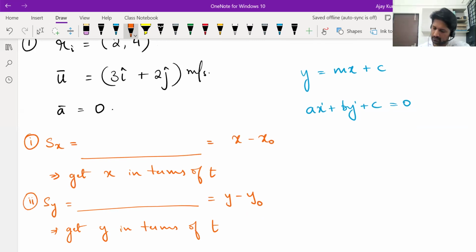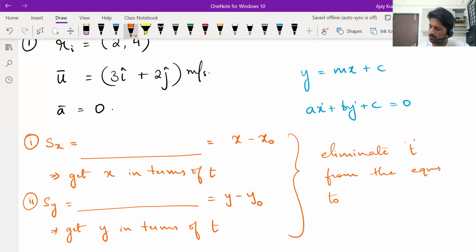Once you do that, eliminate t from the equations, to relate x to y. Do this, all of you. I'll give you 2 minutes.